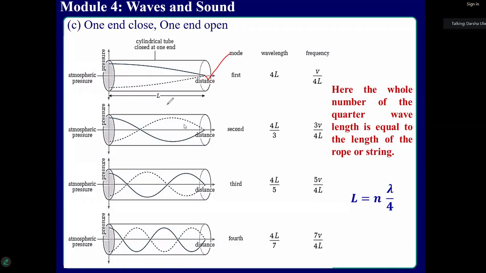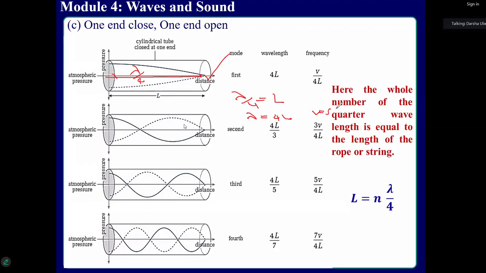So then here you can see throughout the L, in the first case, there's only lambda over 4, no? The wavelength here is lambda over 4. Then this lambda over 4 is equal to L. Therefore, lambda is equal to 4L.